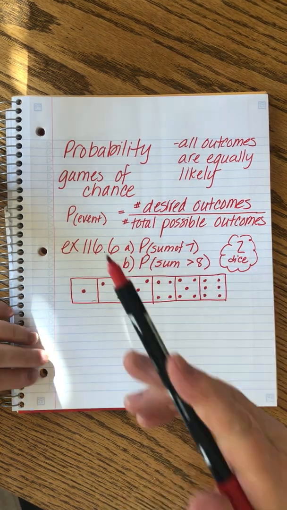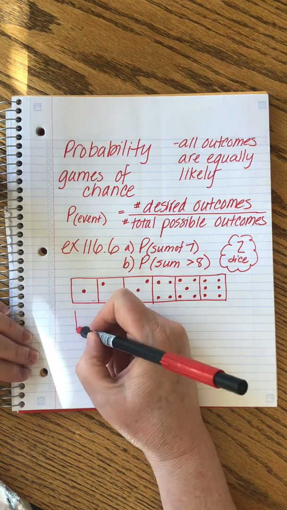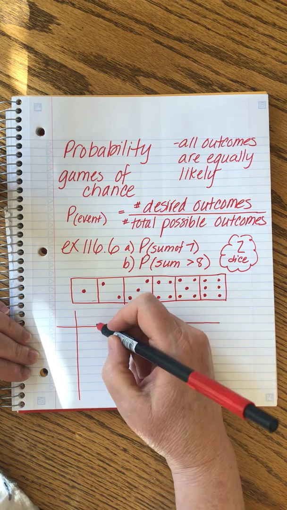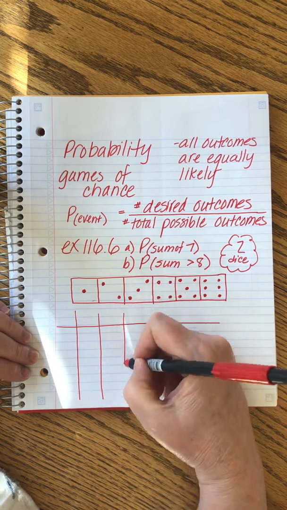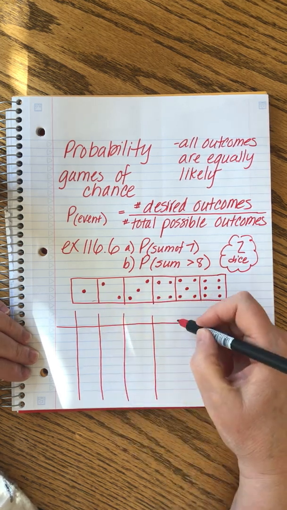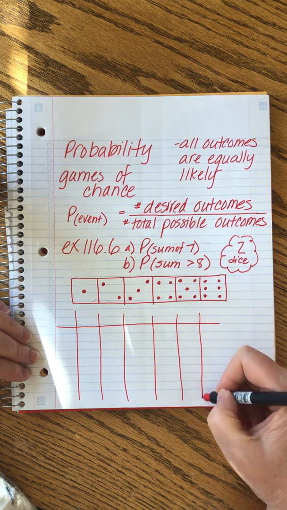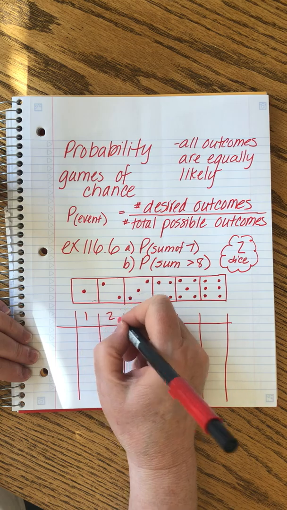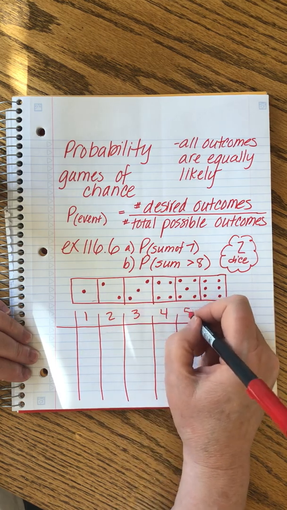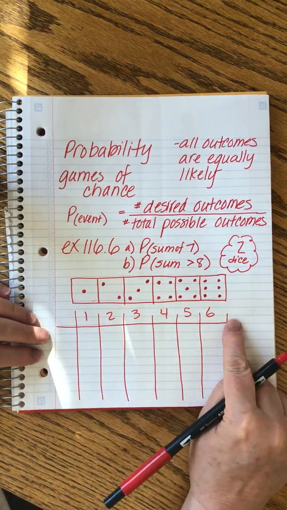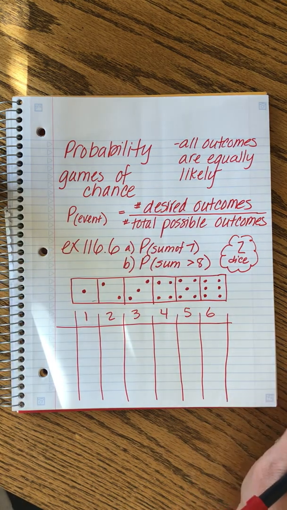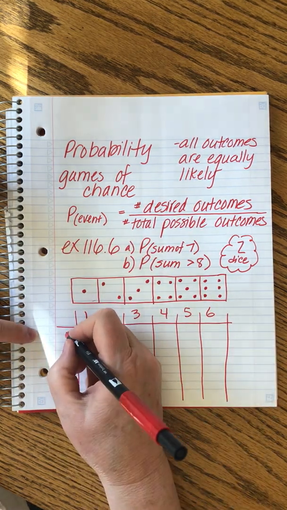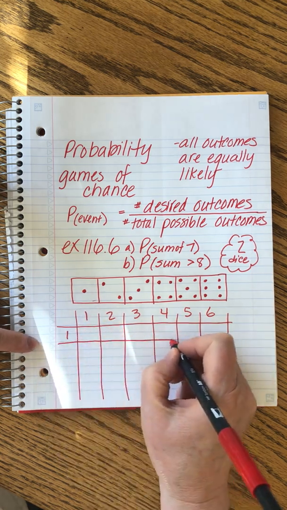But we're trying to roll 2 dice, so we have to draw a different kind of picture. This would be the number that's showing on our first dice, and I've lined it up right under here so you can see. But we're rolling a second die too. 1, 2, I'm gonna have to squish them a little.